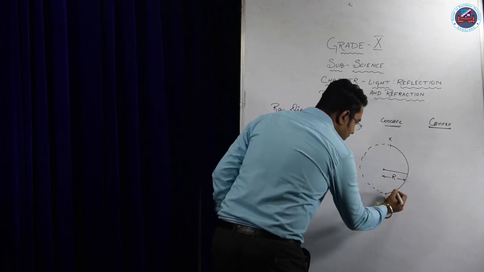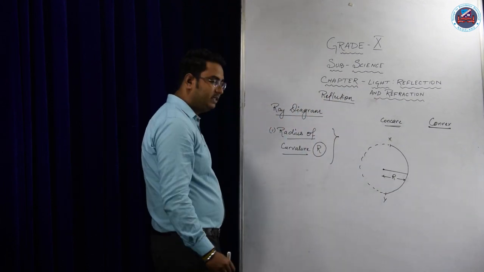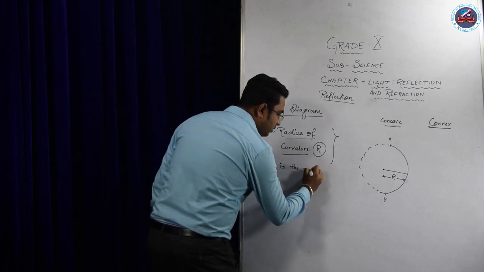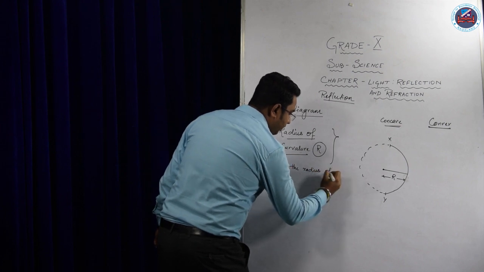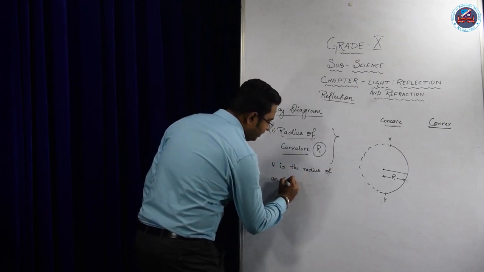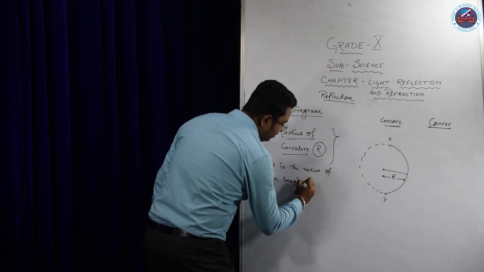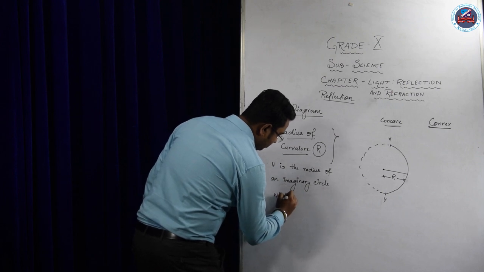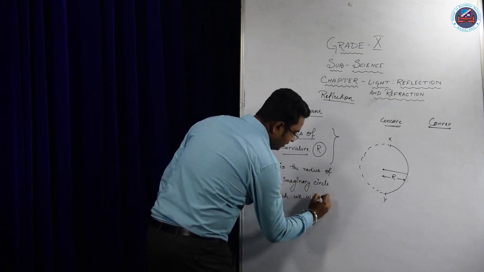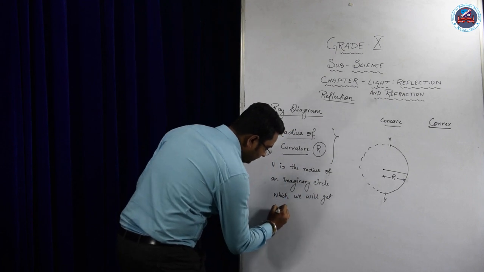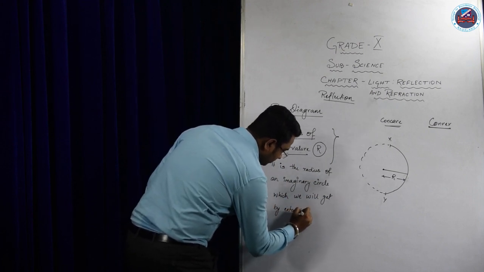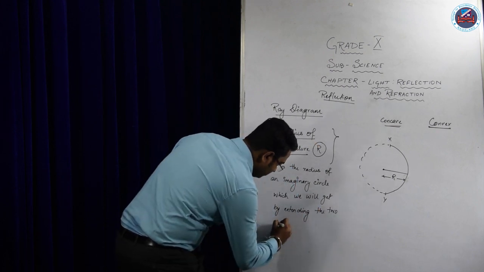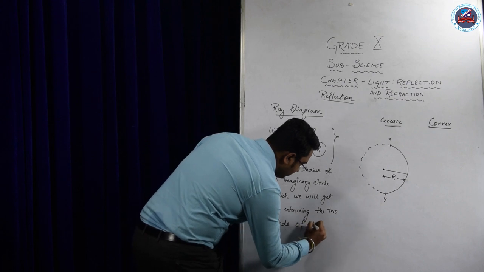So the definition of radius of curvature is the radius of an imaginary circle which we will get by extending the two ends of the mirror.